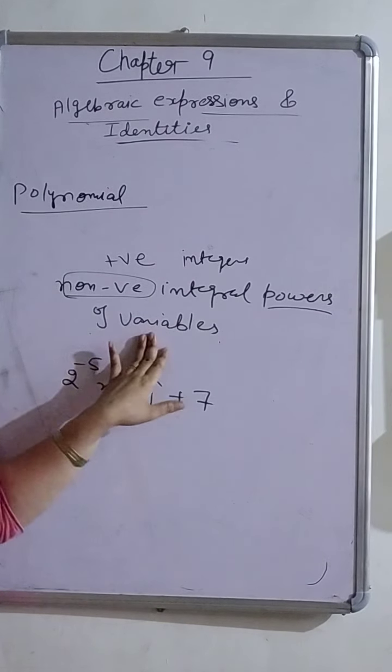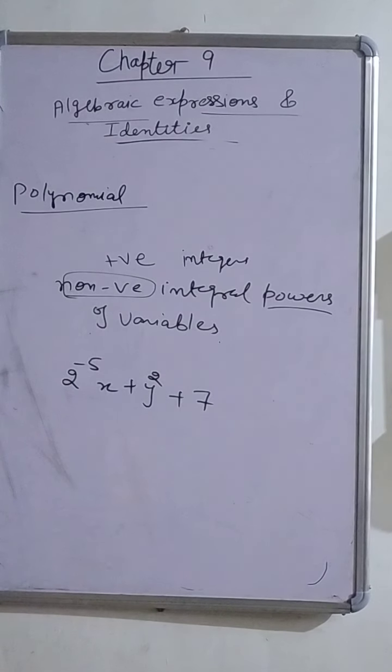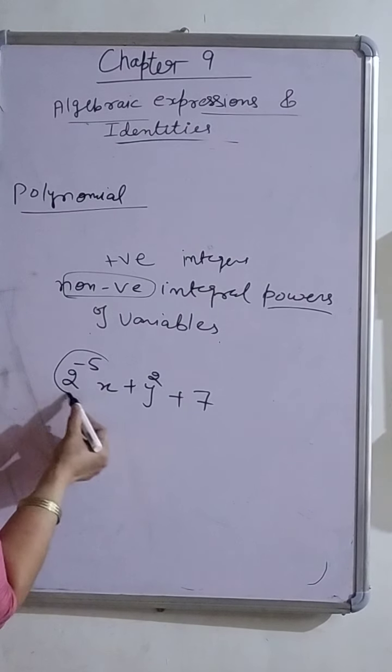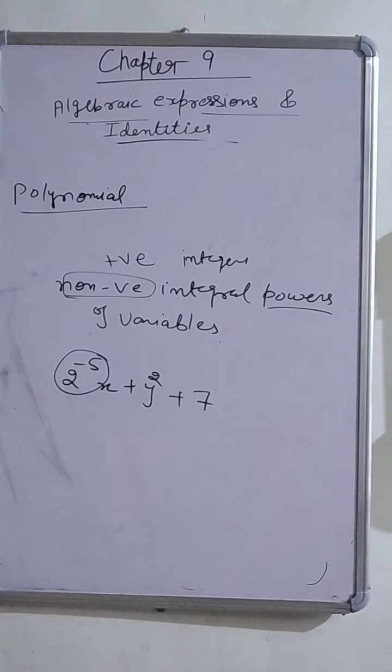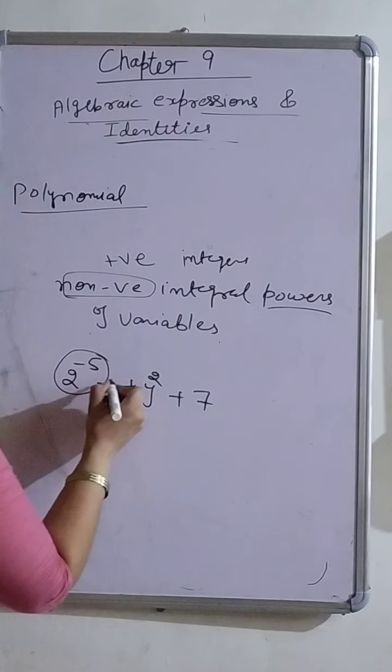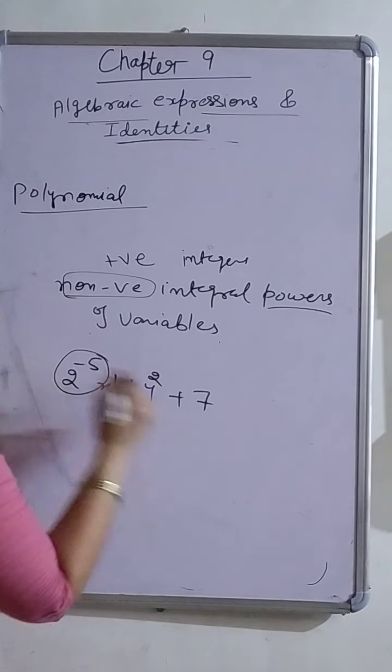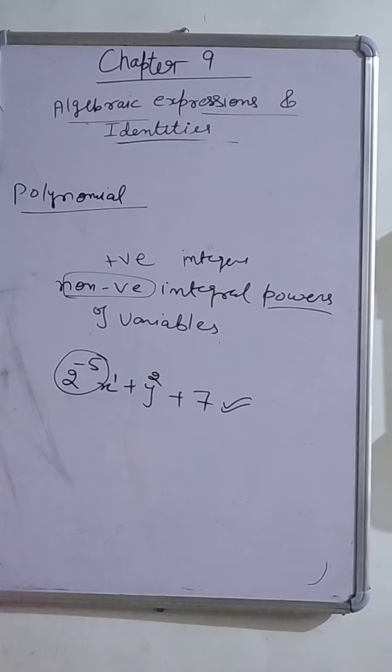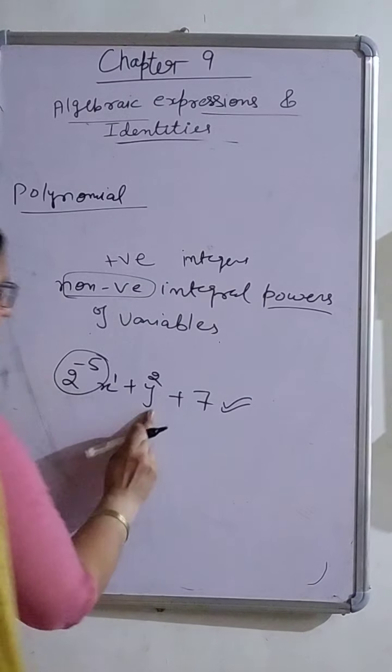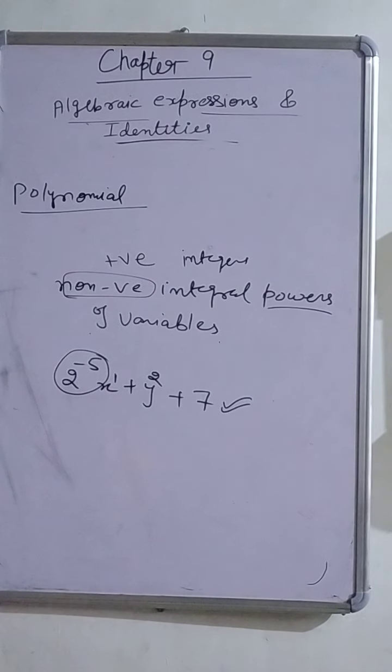Power of a variable should be positive, and this minus 5 power is for the constant or coefficient. Power of variables are positive, so this is a polynomial. Clear? Coefficient की पावर, कांस्टेंट नंबर की पावर कुछ भी हो सकती है, नेगेटिव, पॉजिटिव, फ्रैक्शन में भी हो सकती है, बट जो वेरिएबल्स की पावर है वो पॉजिटिव ही होनी चाहिए.